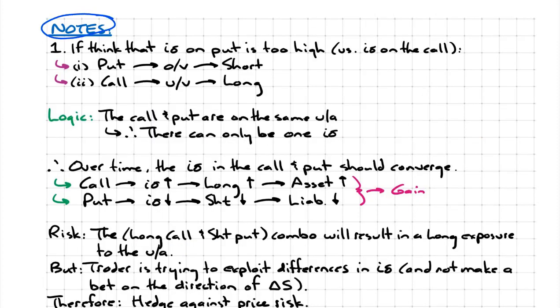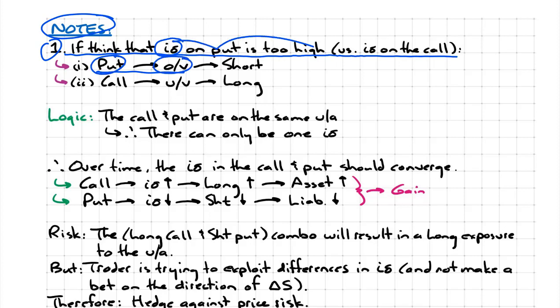Some notes or observations. First, if we think that the implied volatility on the put is way too high relative to the implied volatility on the call, then the put would be overvalued. Remember the connection between option valuation and implied volatility? So if the implied volatility on the put is high, that means the put itself would be overvalued.